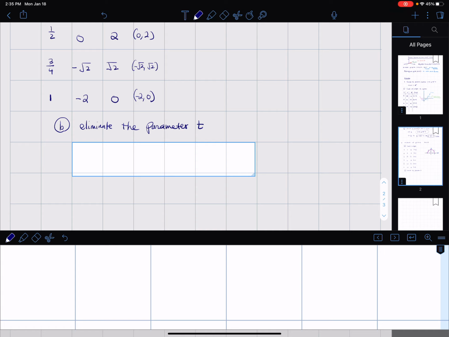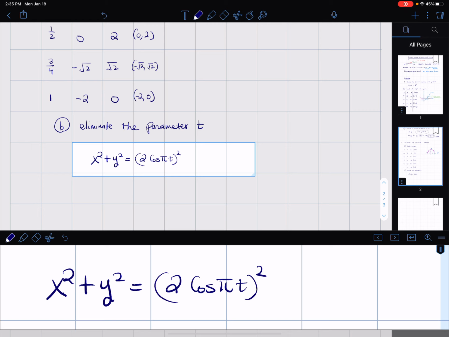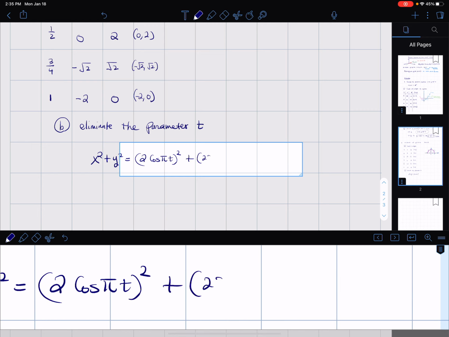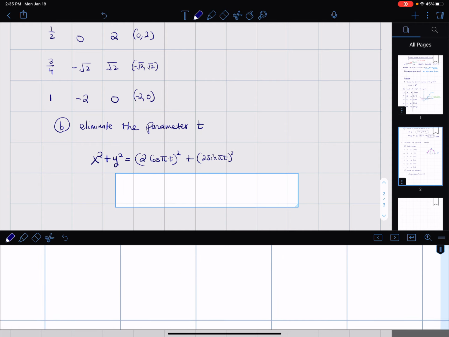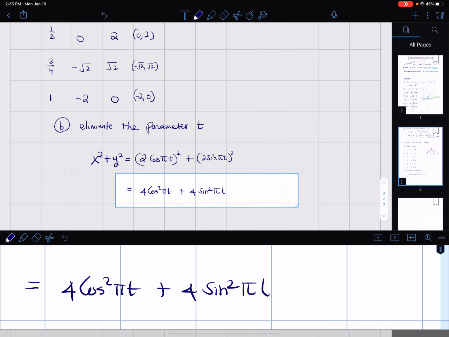If we go ahead and say, let's start with x squared plus y squared. What do we know about that? That's going to be 2 cosine pi t squared plus 2 sine pi t squared. And this is going to be 4 cosine squared pi t plus 4 sine squared pi t.